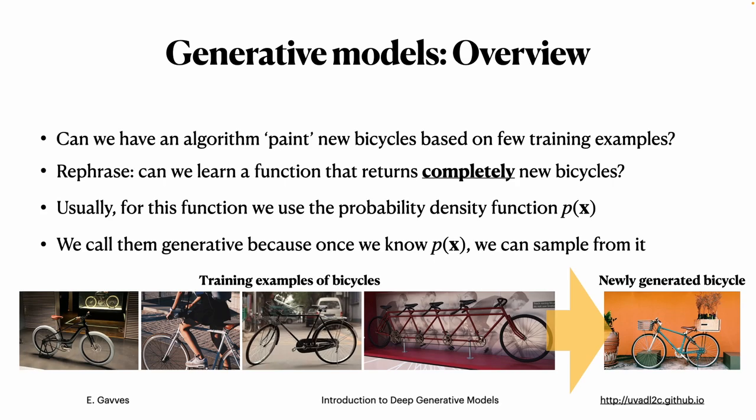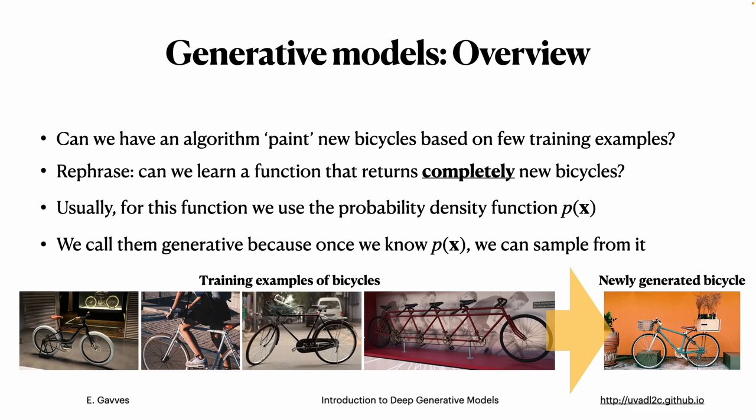So for generative models, if I were to give an example, we want to design algorithms. We want to learn algorithms. We don't just have algorithms that paint new bicycles based on a few examples.